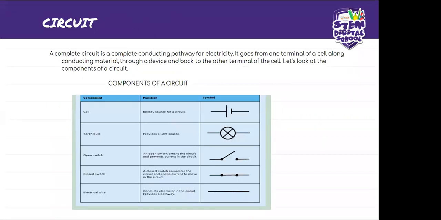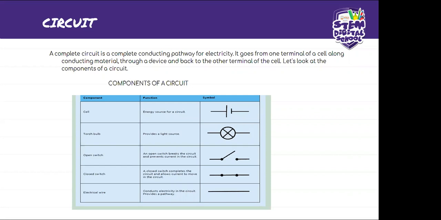So let's look at a circuit component. A complete circuit is a complete conducting path for electricity. In the previous lesson, if the key is not on, the bulb will not light.